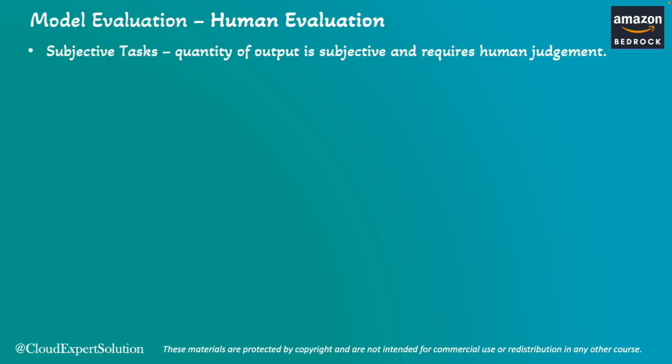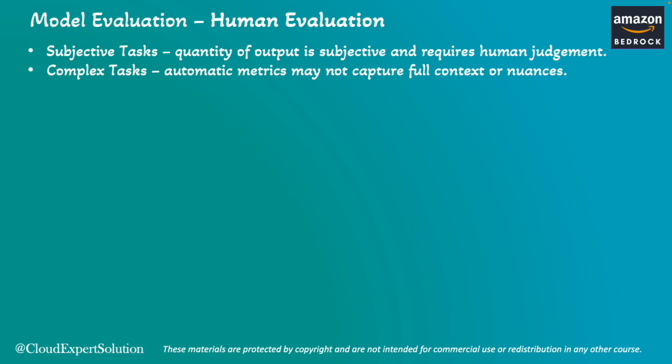To start with, if you have any subjective task where the quality of the output is subjective and requires human judgment, as an example, if you are evaluating the fluency and coherence of text generation, or if you are assessing the creativity or emotional impact of content, in those cases you need to use human evaluation. Another use case is if you have a very complex or nuanced task where automatic metrics may not capture the full context or nuances.